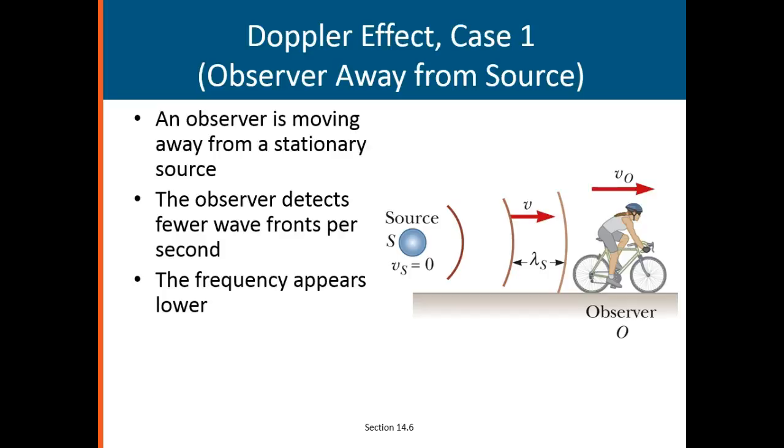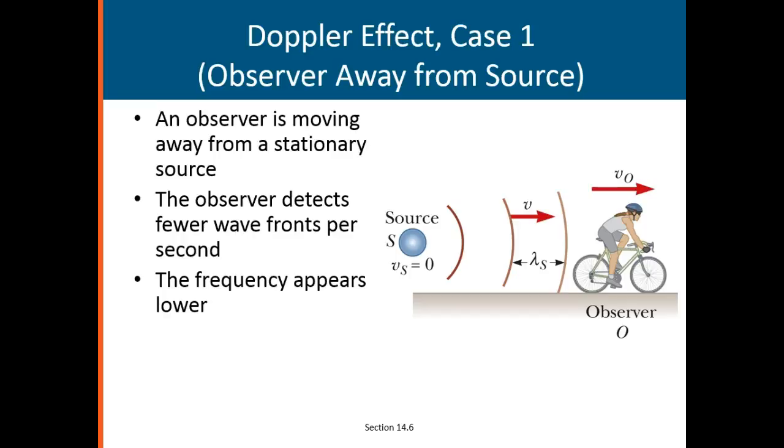The wavelength's the same, but the time interval between fronts has lengthened, so it seems to have a lower frequency. The observer detects fewer wave fronts per second because it's moving away from the wave front. This would be true whether the observer were still and the source coming to him or her, or the source is fixed and he or she is moving away from the source.